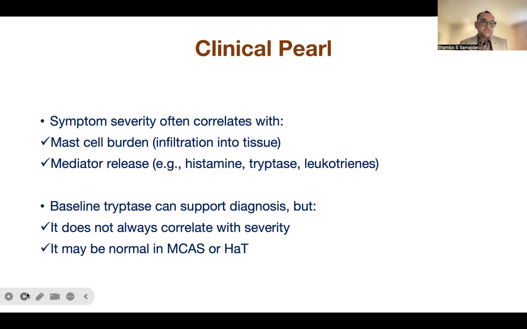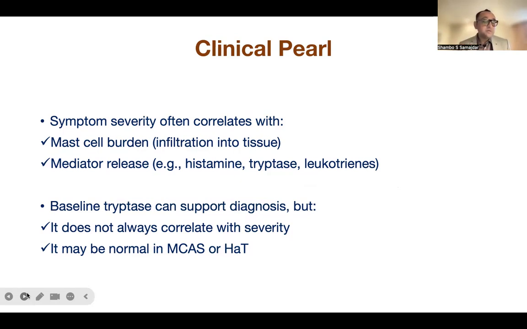Symptom severity often correlates with mast cell burden, the number of cells infiltrating the tissues, and the mediator release. It could be histamine, tryptase, leukotrienes. Baseline tryptase value can support diagnosis, but it does not always correlate with severity, which we need to remember.